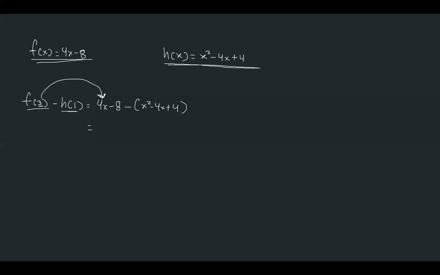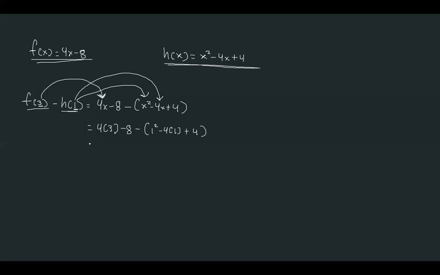So we have 4 times 3 minus 8, minus parentheses. For the h, we have an input of 1. Therefore, we're going to substitute 1 here and here. So we have 1 squared minus 4 times 1 plus 4.